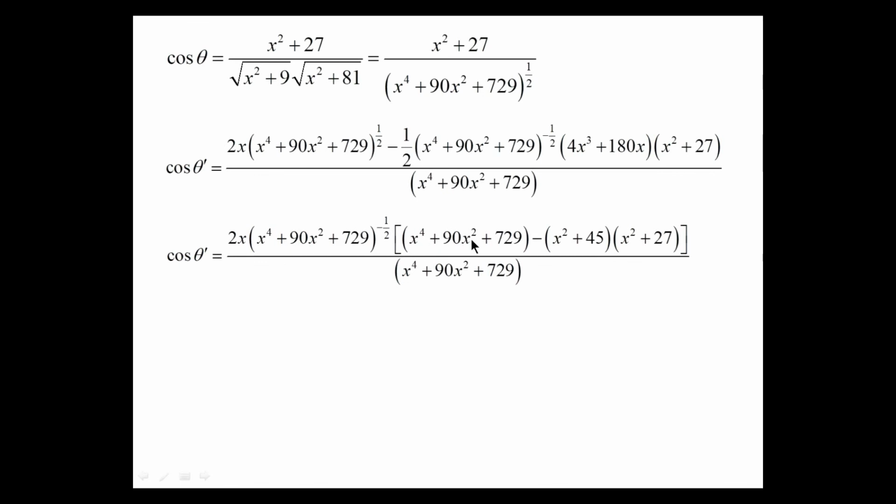When you multiply powers of the same base, keep the base, add the exponents. And similarly, when you take 2x out of here, what are you left with? You're left with 2x squared plus 90x. Why does this say x squared plus 45 then? Because I took the 1/2 and I multiplied it in.